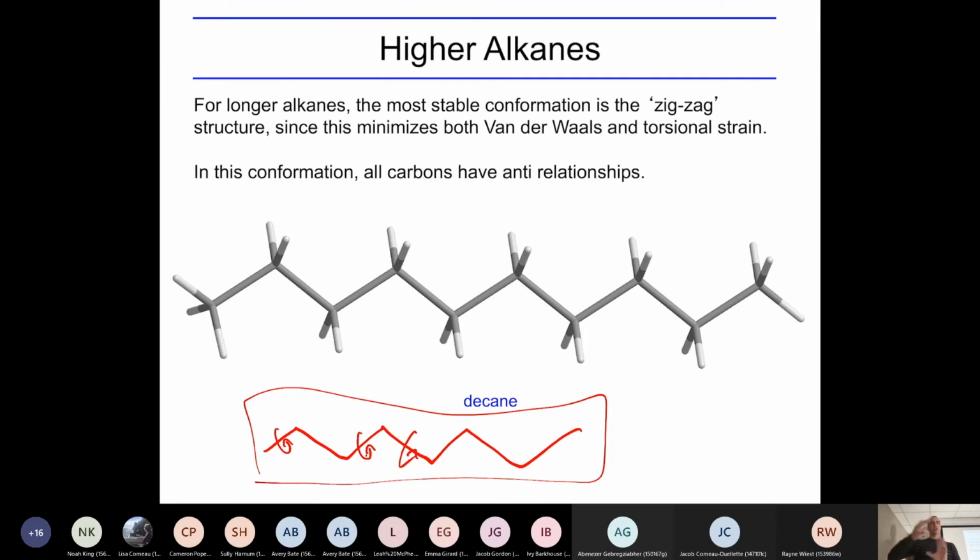It's going to be a bunch that are curved or balled up or whatever. But as you start lowering the temperature and take some of that energy out, more and more of them are going to adopt that most stable conformation. Okay, so we like to draw them as zigzags. We like to maximize the anti relationships between larger groups, and we like to go with staggered conformations.